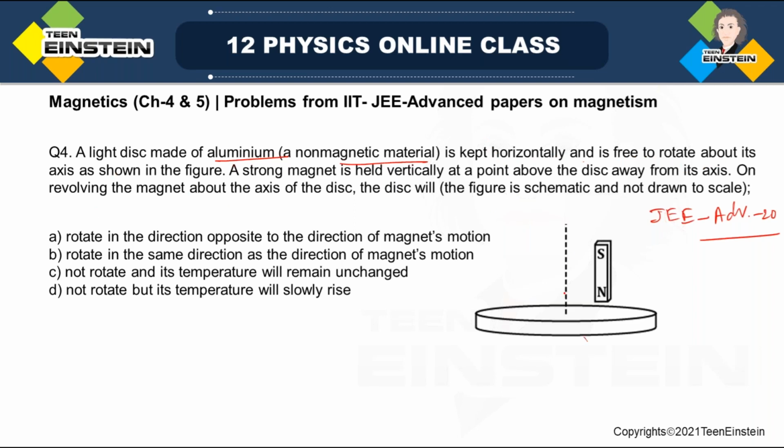See, this can rotate in any direction, it can rotate this way or this way. Free to rotate about this axis. A strong magnet is held vertically at a point above the disc away from its axis. See, from the axis at any place on the disc, this is a strong bar magnet.